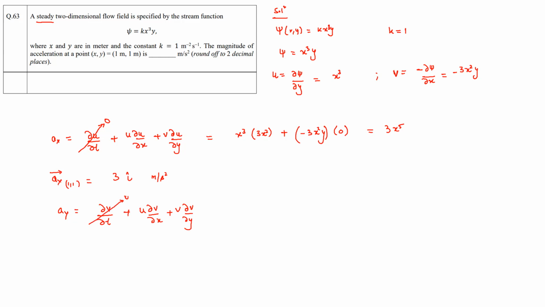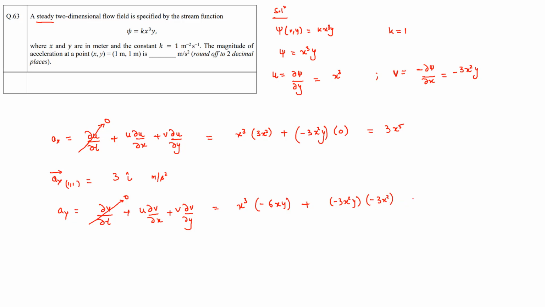The local term again goes to 0, and we are left with u, which is x cube, times dv dx, which will be equal to minus 6xy, plus v, which is again minus 3x square y, times dv dy, and dv dy is nothing but minus 3x square.